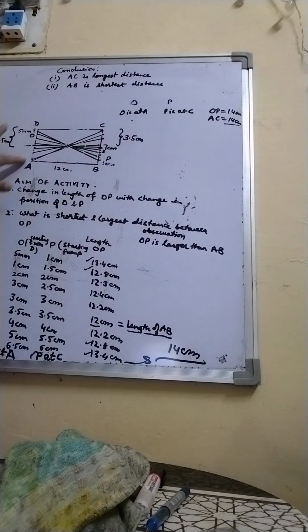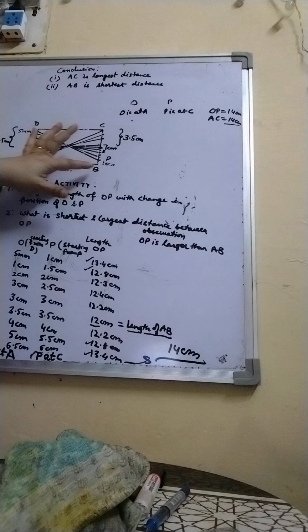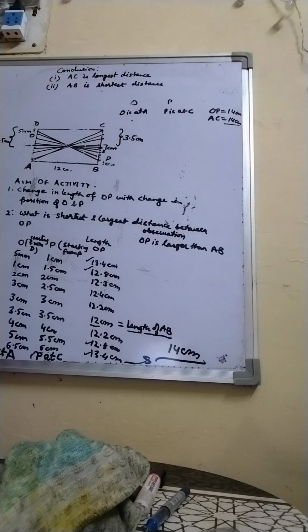Okay, so AC is longest distance and AB is shortest distance. This is what we observed in the figures.